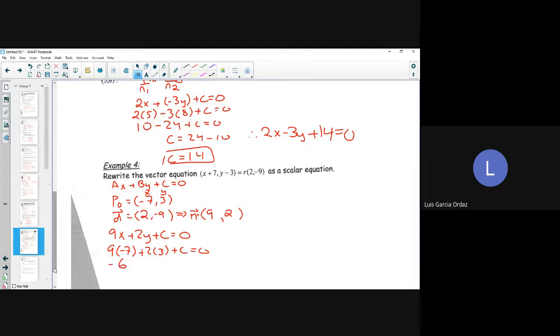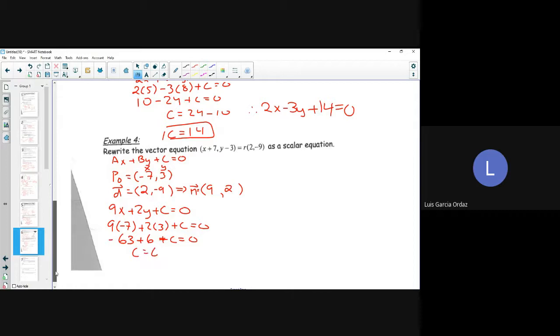So I get -63 plus 6 plus c equals 0. So c is equal to 63 minus 6, and c is equal to 57. Which means my scalar equation is going to be 9x + 2y + 57 = 0.